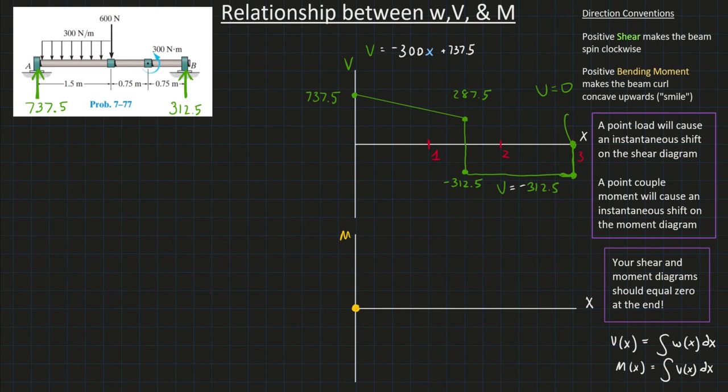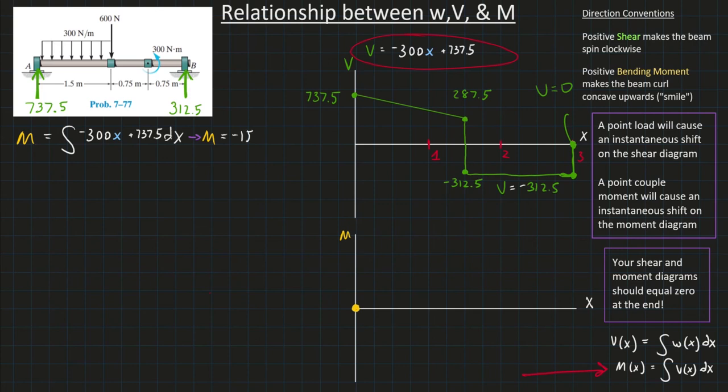So now we can do our moment. We know from this that the moment is the antiderivative of my shear equation. And I have my two shear equations at play here. So I can do that. And we can do this antiderivative with inverse power rule.